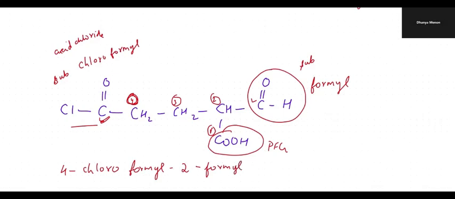There are 4 carbon atoms, so butanoic acid. You may or may not mention the first position because acid is at the first position. I hope I am clear. Now, this is the answer.